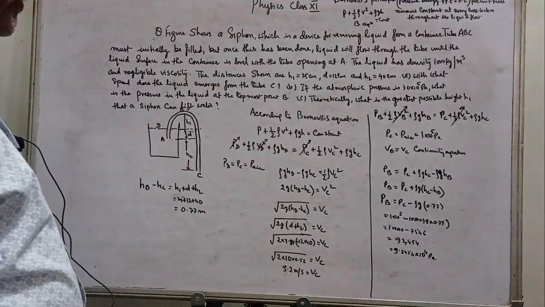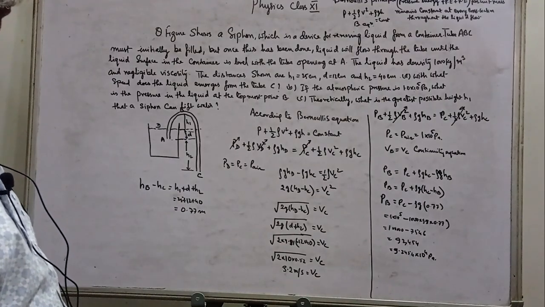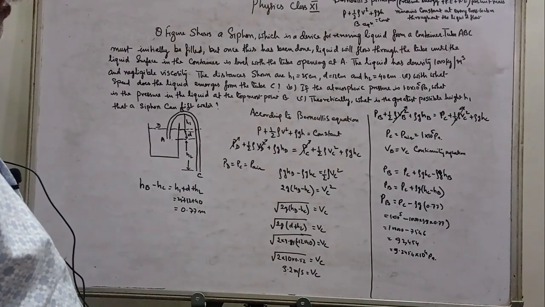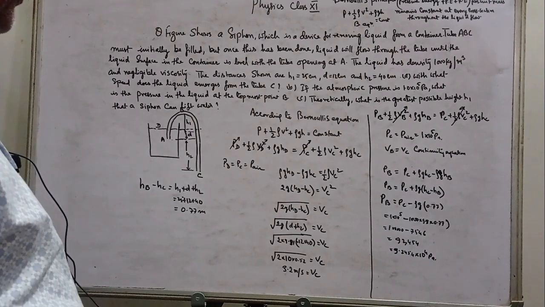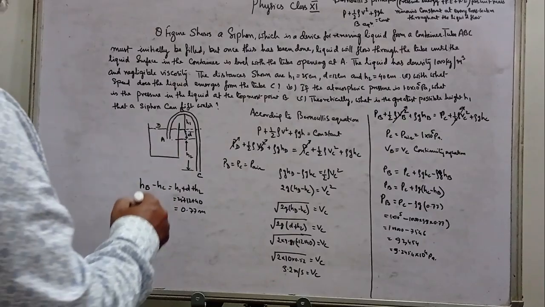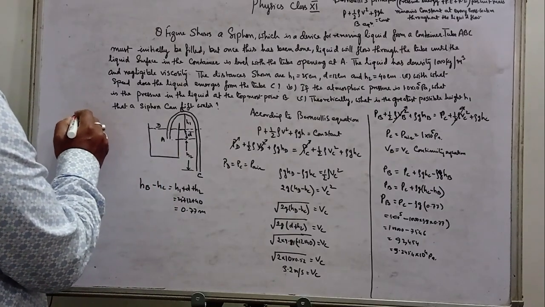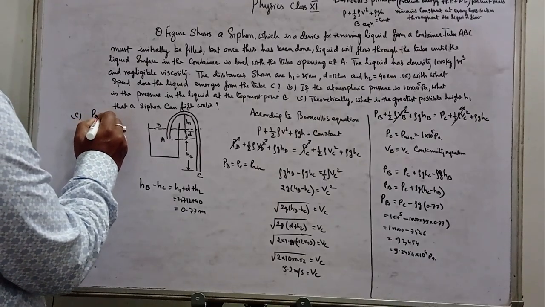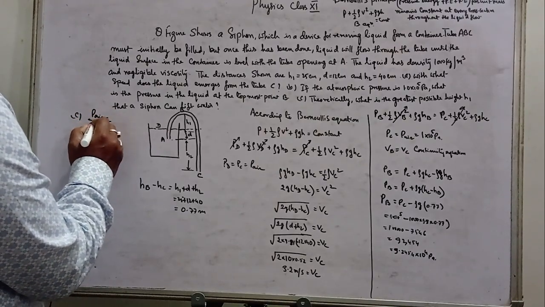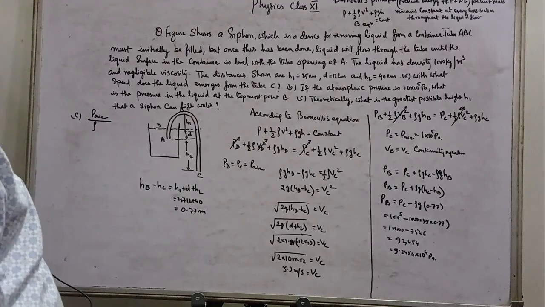And lastly, theoretically, what is the greatest possible height h1? This will be P air divided by rho, the maximum theoretically.